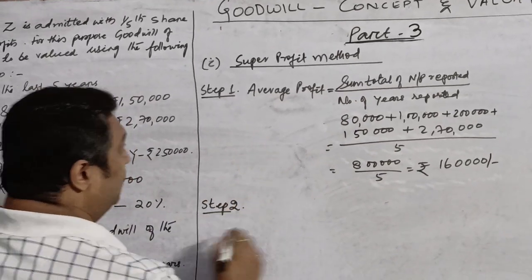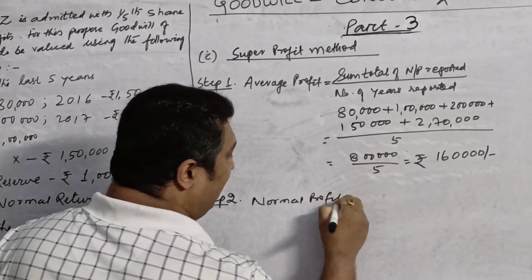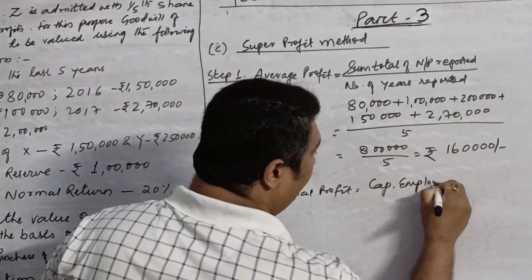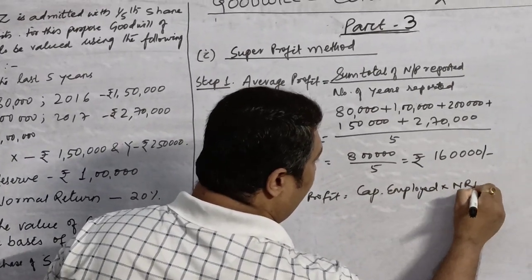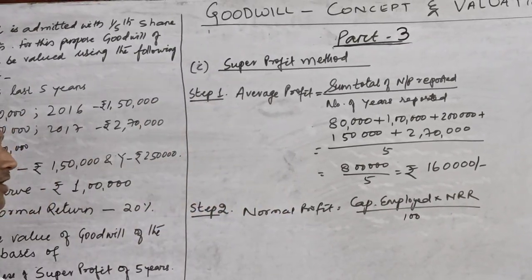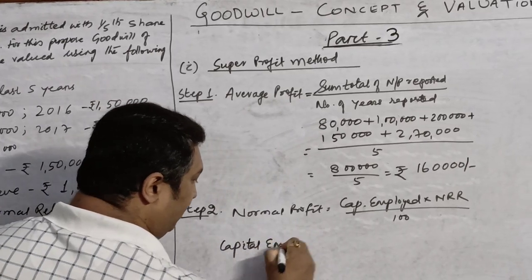Step 2, you are supposed to find out the normal profit. The formula to calculate normal profit is capital employed into normal rate of return by 100. So before we calculate the normal profit, we are supposed to know the capital employed.